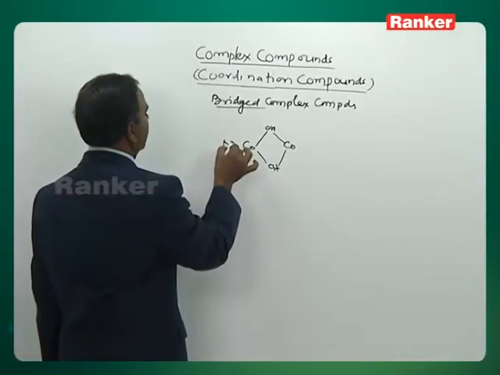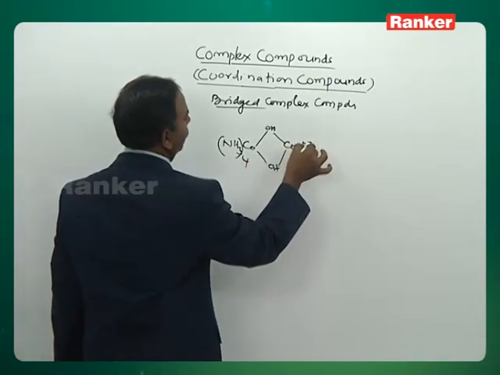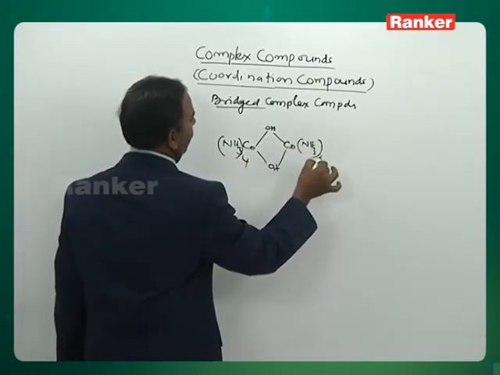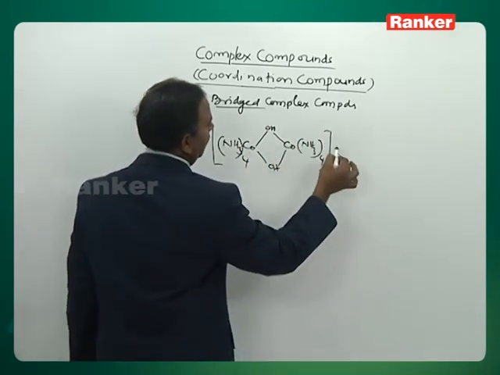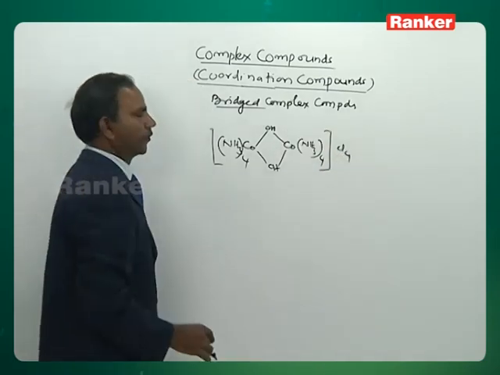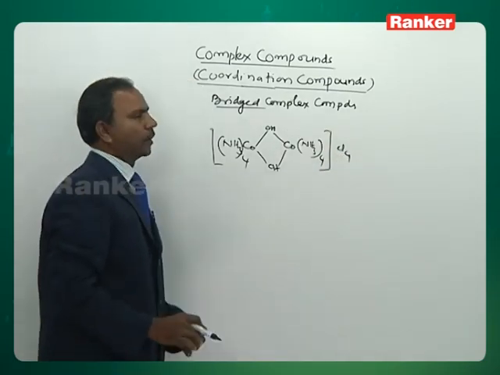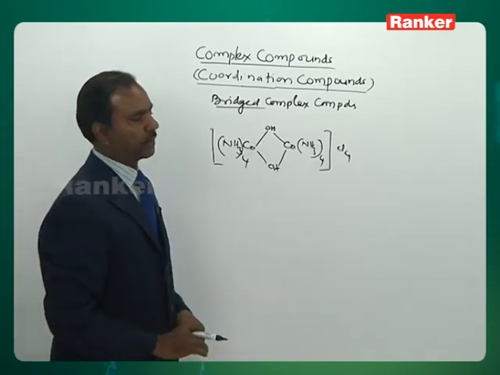Let me write amines, taken 4 times, Cl4. How do we know this particular complex is carrying 2 metal atoms bridged by hydroxy groups?